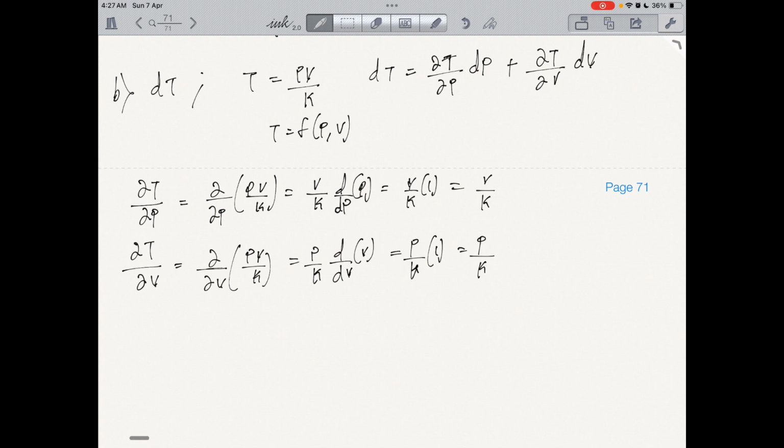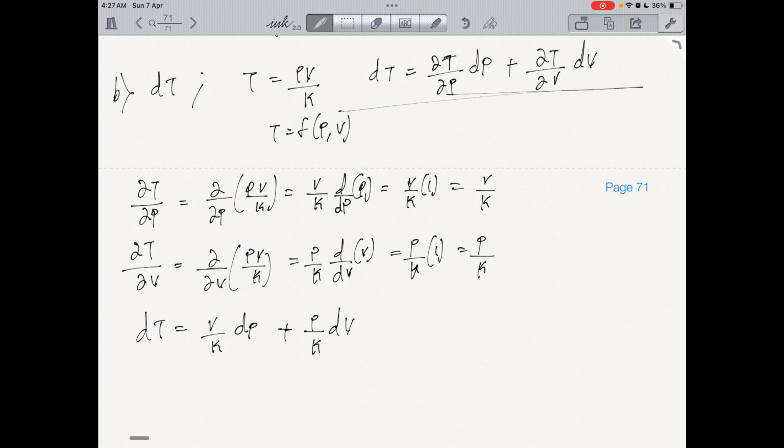Therefore, our dT is the partial derivative of T with respect to P, which is V over K, multiplied by dP, plus the partial derivative of T with respect to V, that is P over K, multiplied by dV.